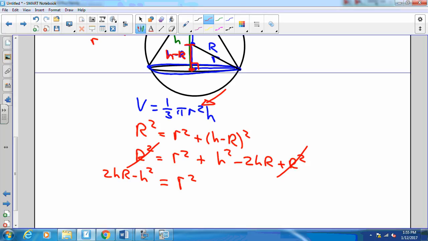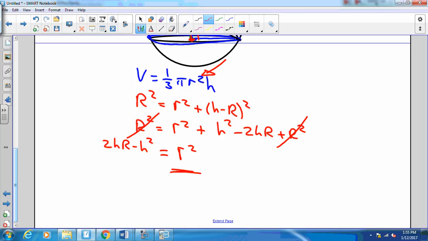Well, remember that my volume formula was 1/3 pi r squared h, right? And look, I just found r squared. So we have another variable for it. Ah, the big R is not actually a variable. It is the radius of the sphere, and my answer will be in terms of big R. Right. So I can replace the r squared here with what I found from my constraint, which is 2hR minus h squared times h.